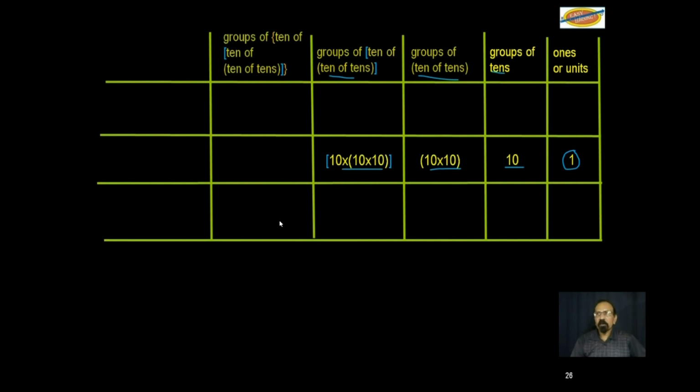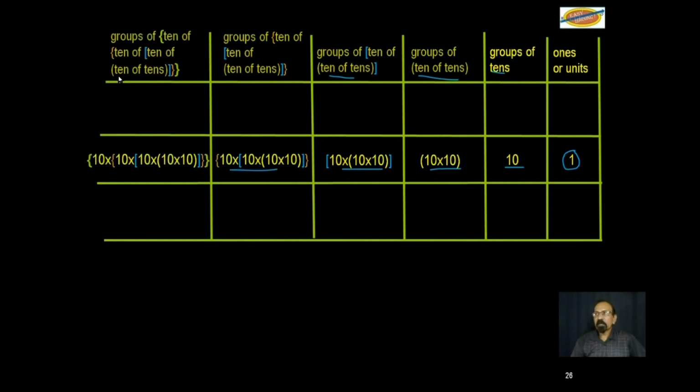Next column, group of 10 of 10 of 10 of 10s, written like this, and the next column we write 10 of 10 of 10 of 10 of 10. Now, another way of writing those numbers that you are more familiar with would be 1, 10, 100, that's 10 of 10 is 100, 1,000, that's 10 by itself 3 times, 10,000, and 100,000.